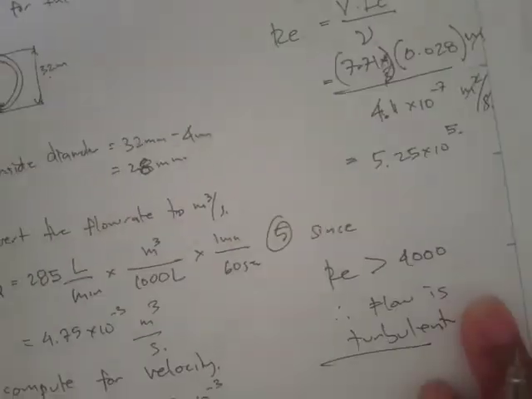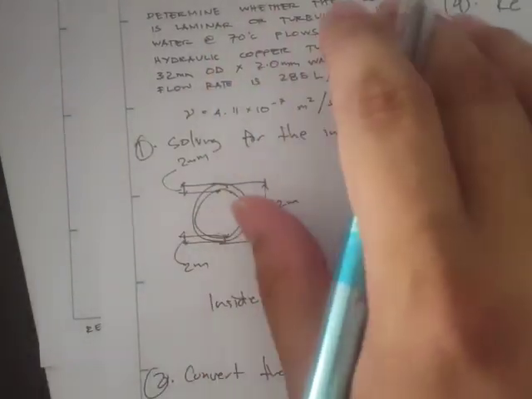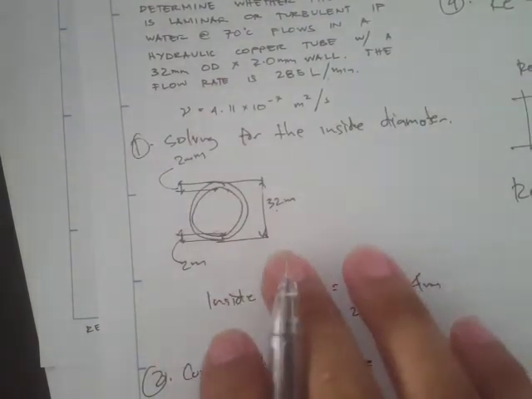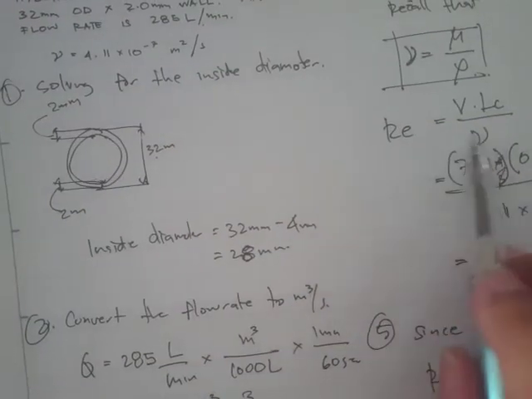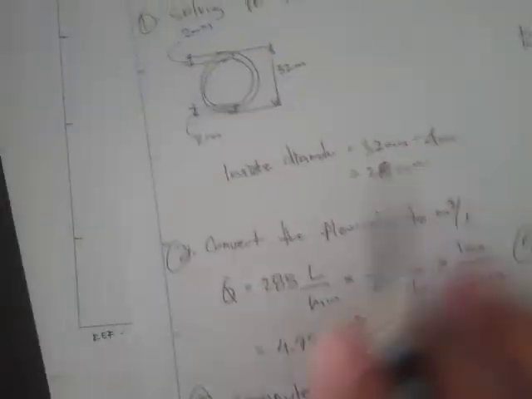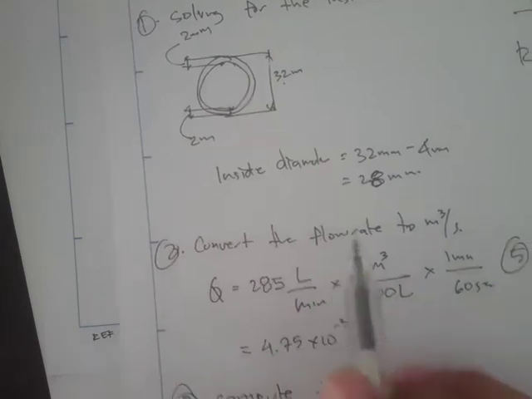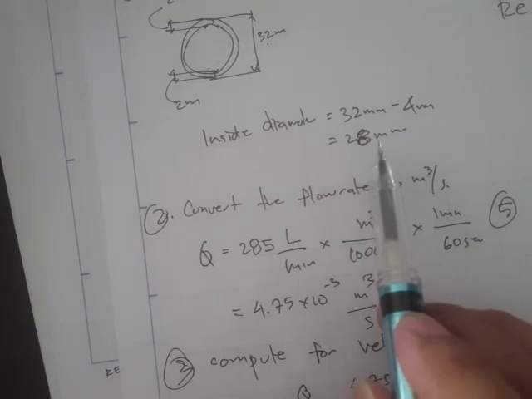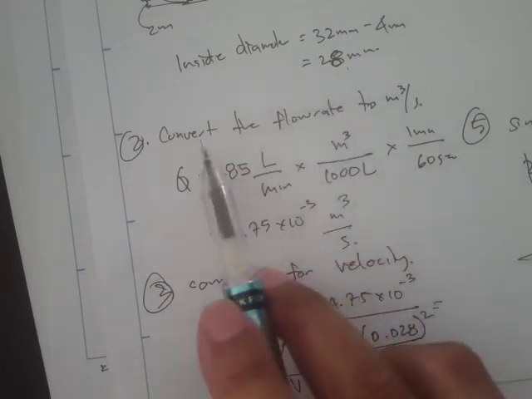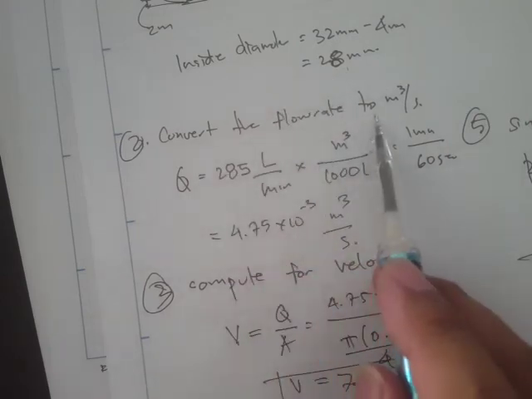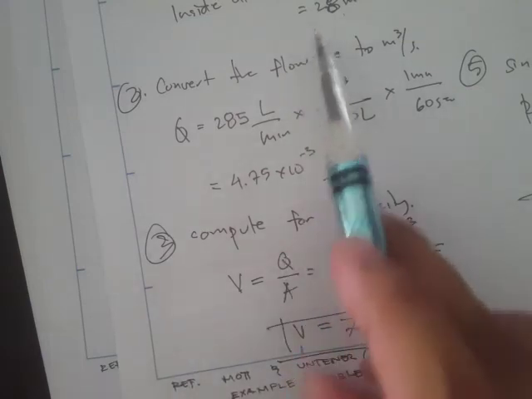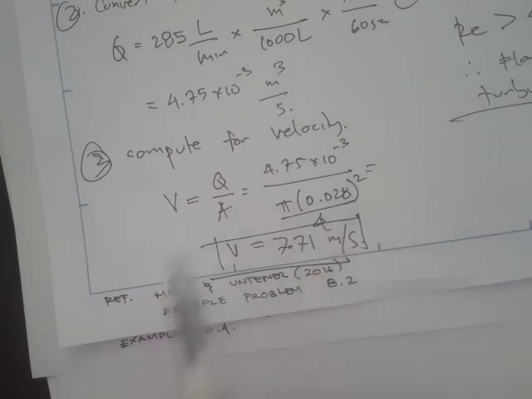So if we do a recap on what we did, we're not given values that we can substitute directly into the Reynolds number equation, so we have to find our way. We first solve the inside diameter because that's the actual diameter, and we convert the given flow rate, so we have Q in cubic meters per second. Since we have the flow rate and the diameter, we can compute for the velocity.